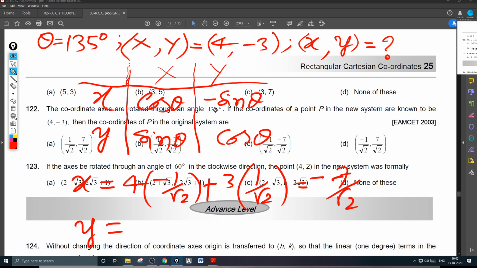Okay, that is minus of minus 3, this becomes plus. Correct. So this becomes minus 1.